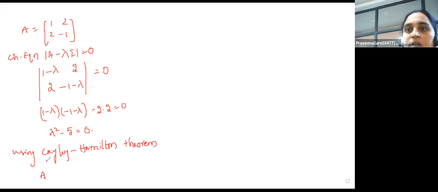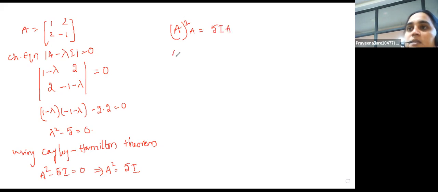From that, write the statement: A square minus 5I is equal to 0. For that, A square is equal to 5I. Okay, then up to A power 8, take it, that is, multiply both sides with A: A into 5I into A. That is A cube is equal to 5A.